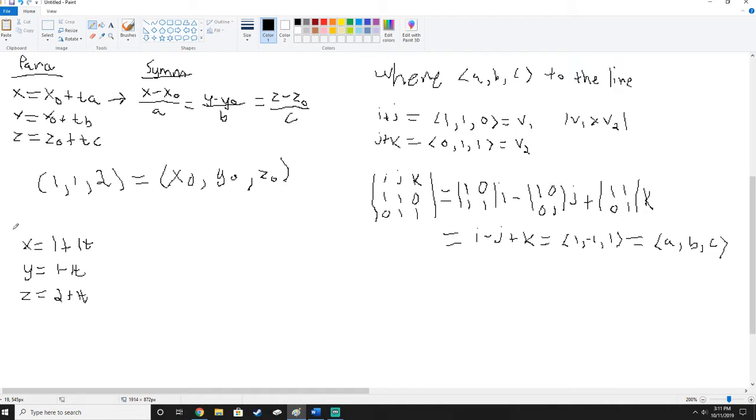And like I said, to find our symmetric equations, we take our parametric equations and set them equal to t.